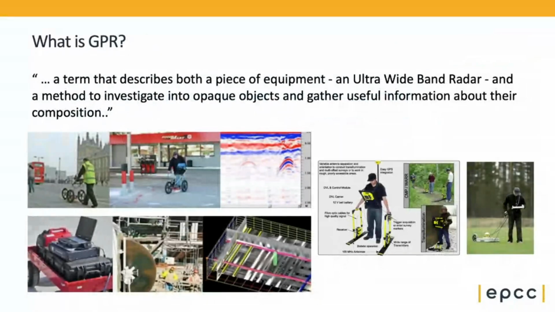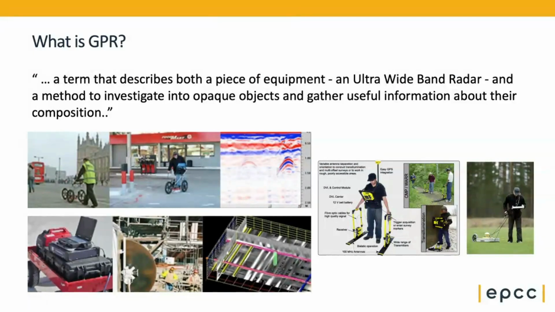Now, what is GPR? The first part. Basically, GPR is a term we use to describe both equipment and a geophysical method, and it is used in many, many ways to assess infrastructure, to find archaeology, in security, and in many planetary radars at the moment, for example.